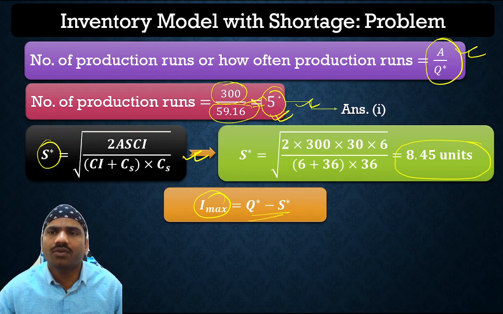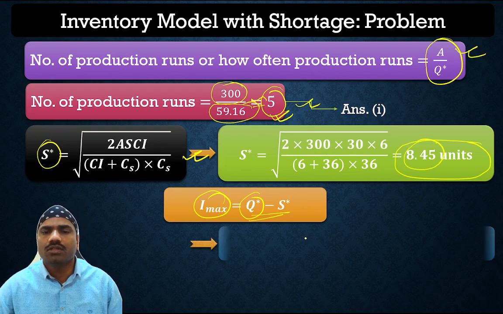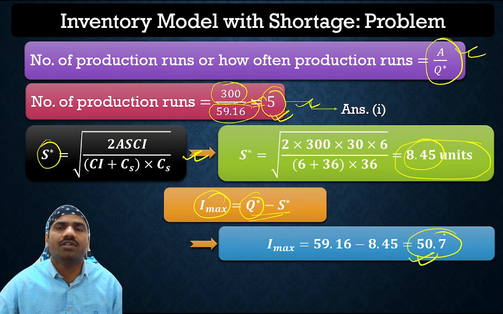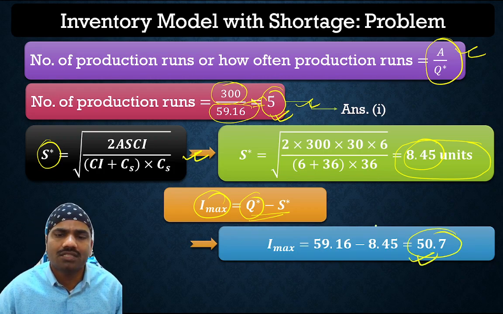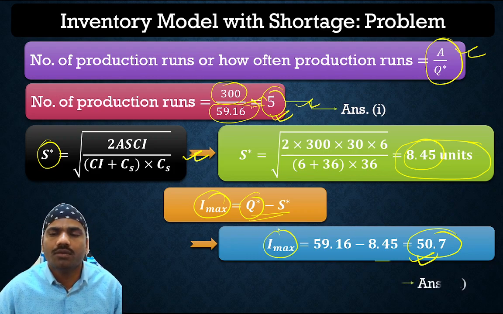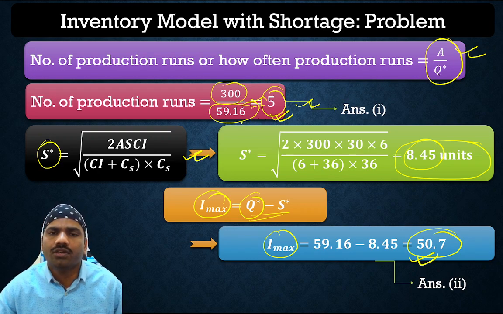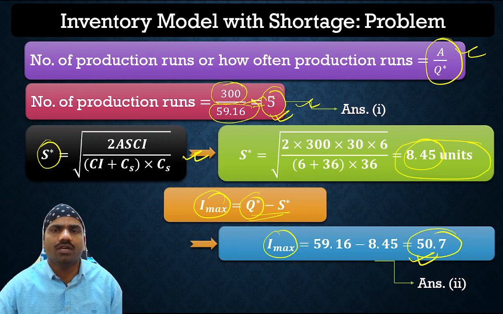Q star, the optimum quantity, is 59.16, and S star is 8.45. This will give you 50.7, so this is the maximum inventory we have. The economic order quantity is 59.16, and the number of production runs is 5. So these are the values we had to find.